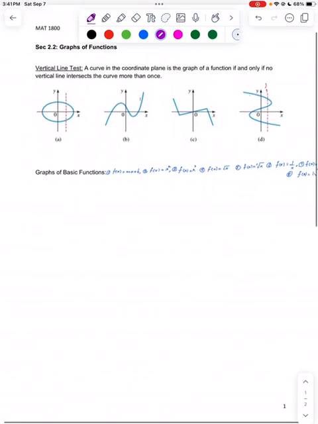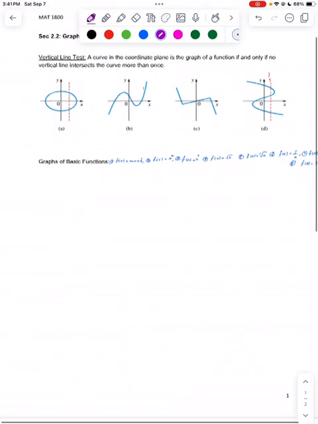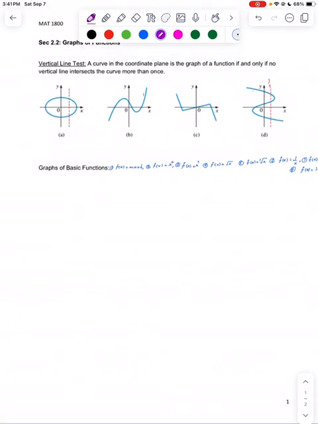It says that a curve in the coordinate plane is the graph of a function if and only if no vertical line intersects the curve more than once. So more than once, what are the possibilities left? If it is greater than 1, it is not a function.